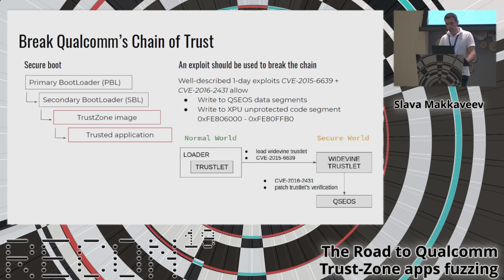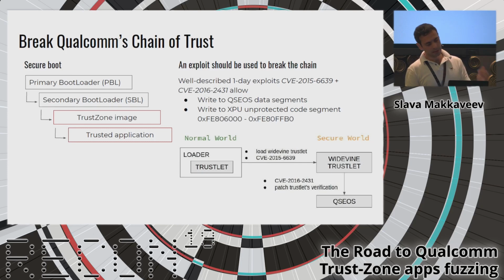Android secure boot is when the primary bootloader of the device verifies the integrity of the secondary bootloader, which verifies the integrity of the TrustZone image, actually our trusted OS. The trusted OS verifies the integrity of all trusted apps on loading.